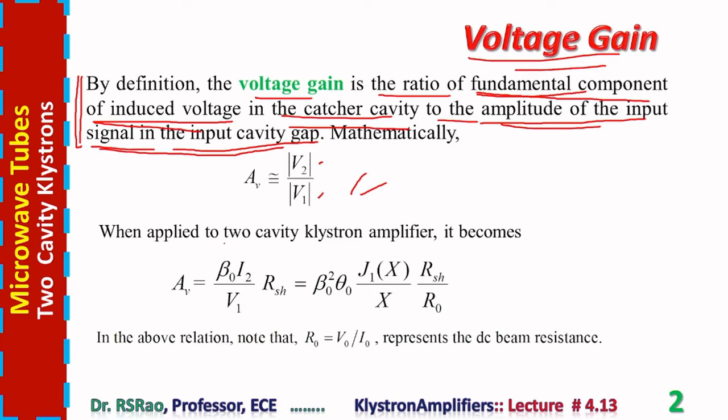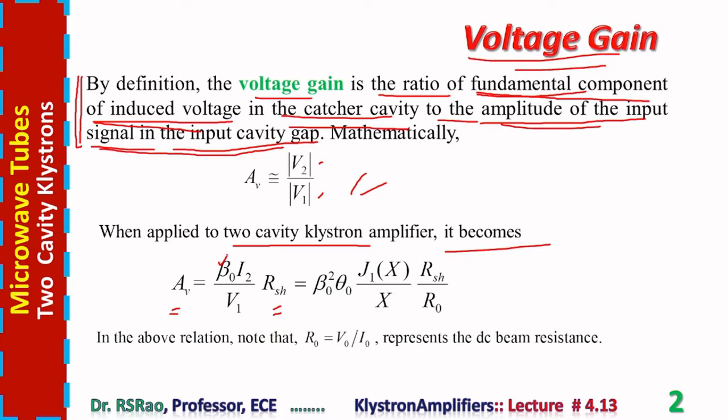When applied to a two cavity Klystron amplifier, it becomes AV equals beta naught I2 by V1, times RSH. A little bit of manipulation gives beta naught square theta naught J1(X) by X, times R shunt by R naught. Now, what is beta naught?